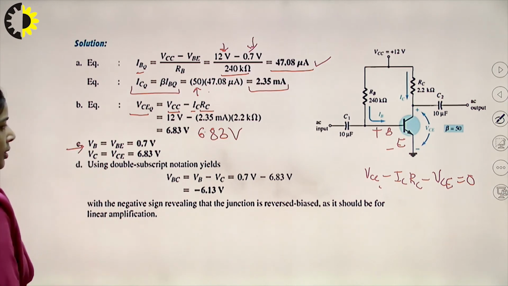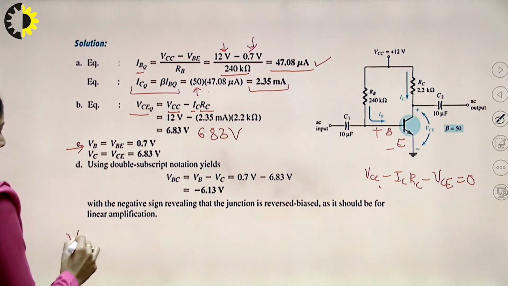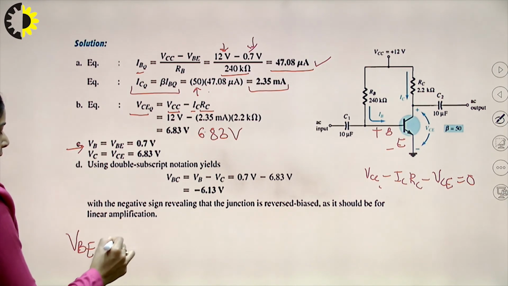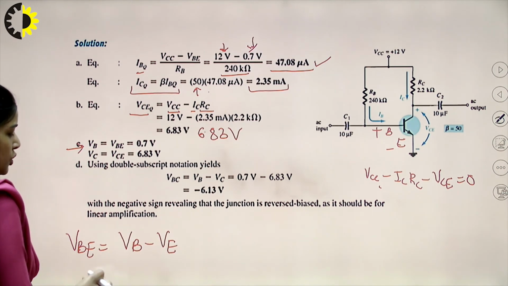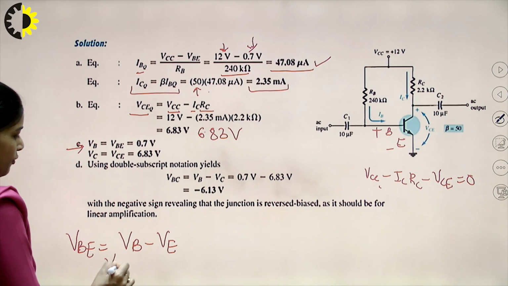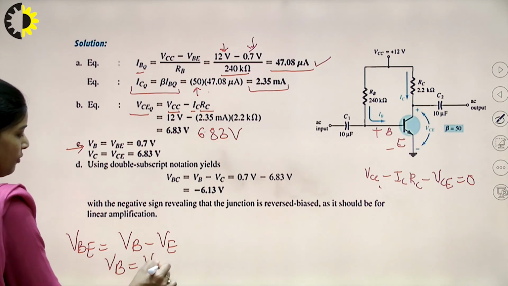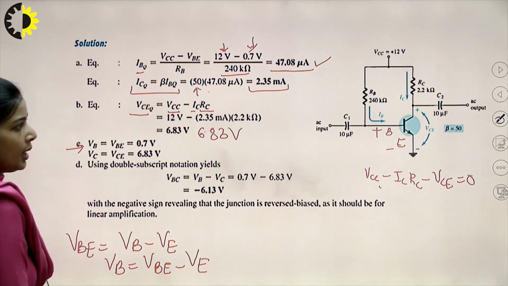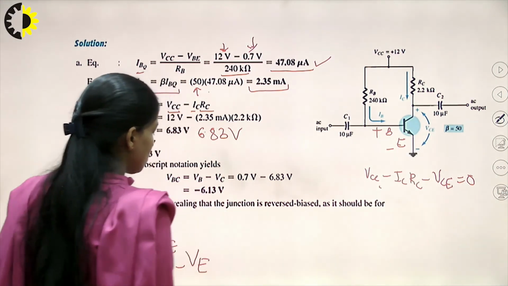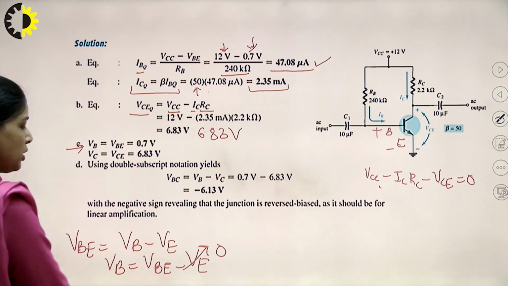VB: VBE we can write as VB minus VE, so VB is VBE plus VE. Here the emitter terminal is connected to ground, so VE is 0.